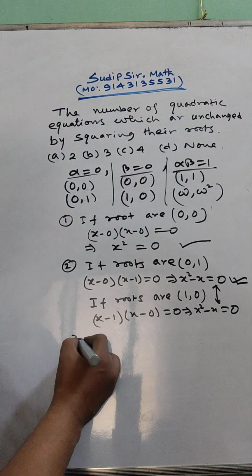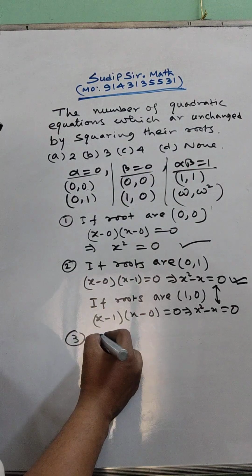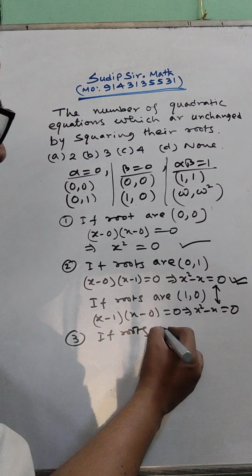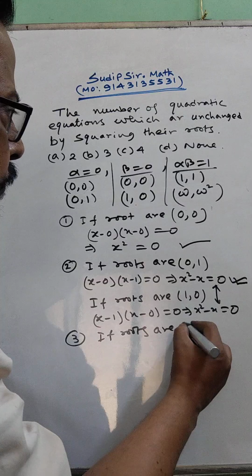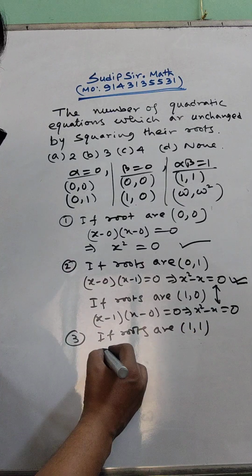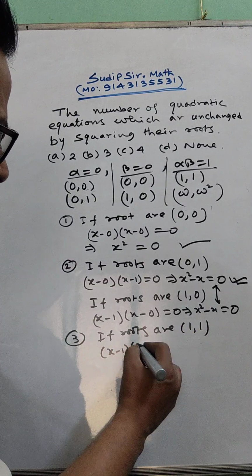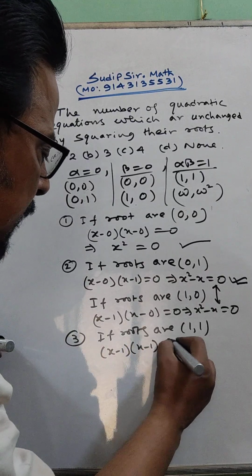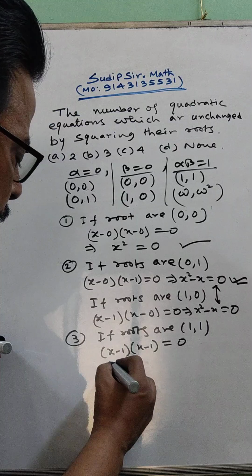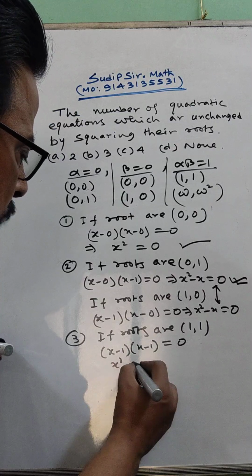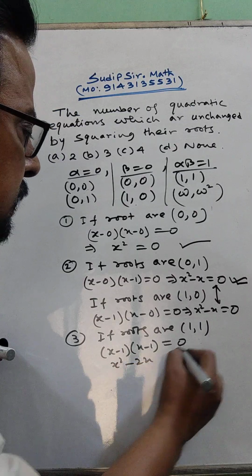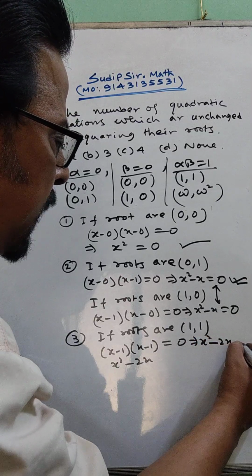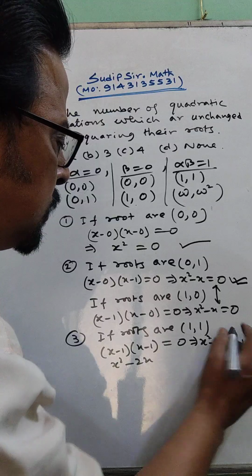Now if roots are 1 comma 1, then the quadratic equation will be x minus 1 into x minus 1 equal to 0, that is x square minus 2x plus 1 equal to 0.